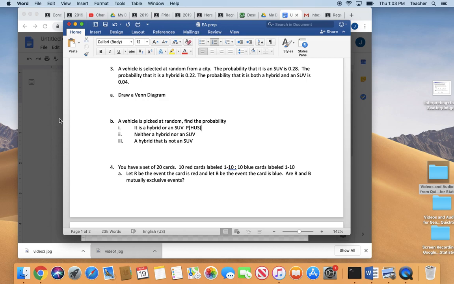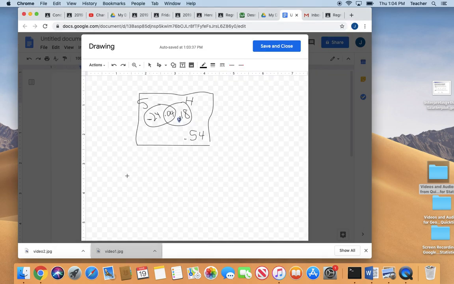So if I come back here, the probability that it is a hybrid or an SUV, my option is to take all three of these numbers here, 0.24, 0.04, and 0.18, and add them together and get 0.46.